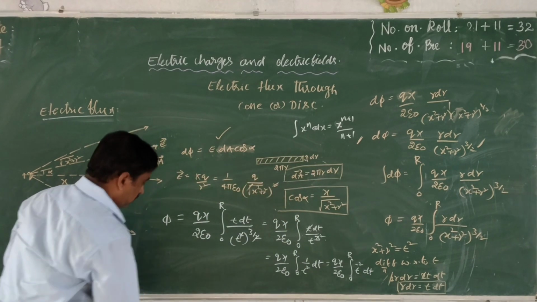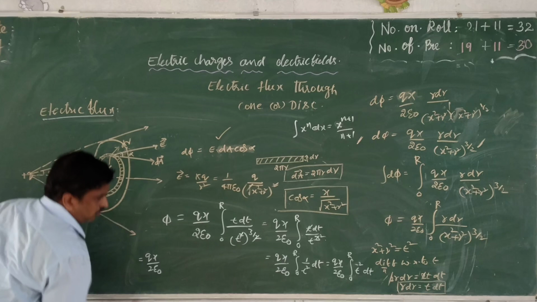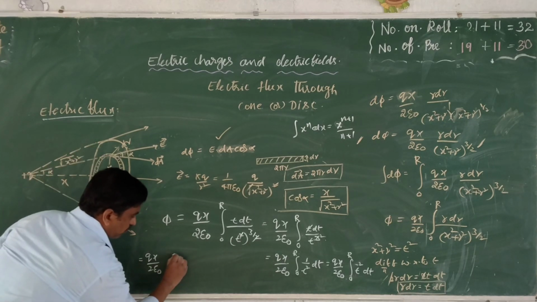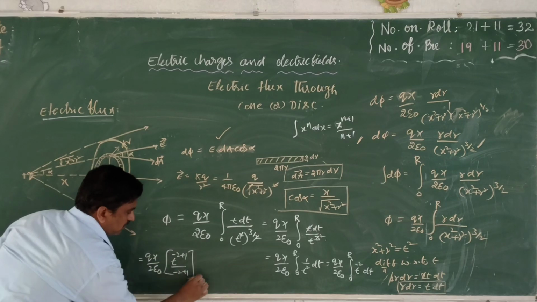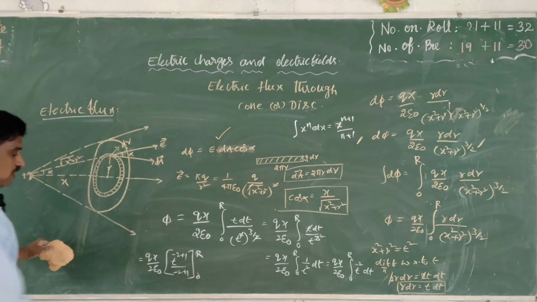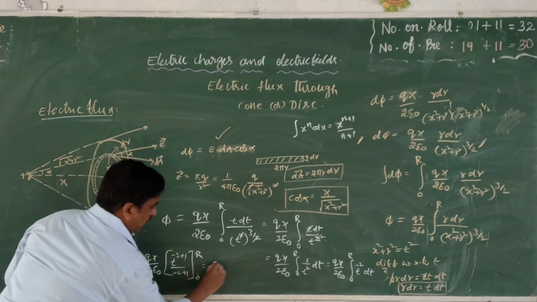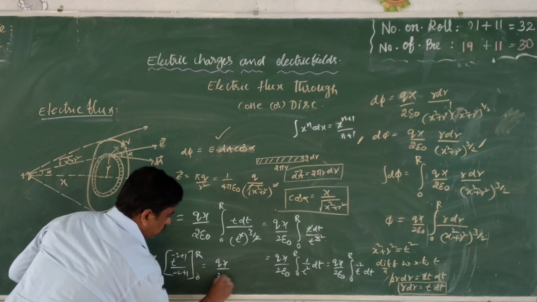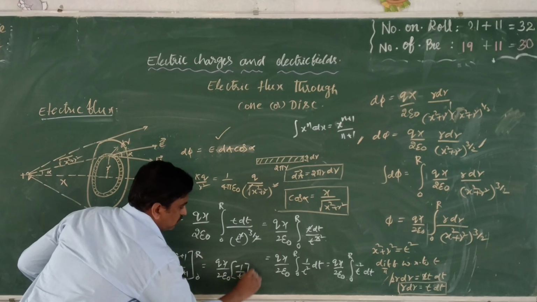That gives q x by 2 epsilon naught, t power minus 2 plus 1 by minus 2 plus 1, with the interval 0 to r. T power minus 2 plus 1 means minus 1, so we can write q x by 2 epsilon naught, minus 1 by t, interval 0 to r.